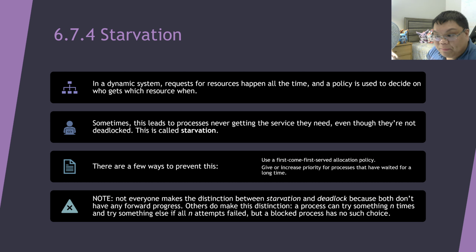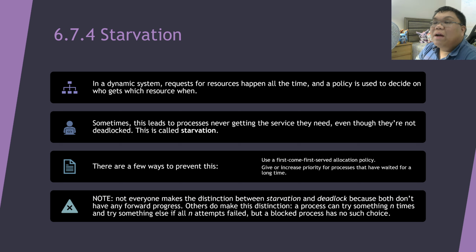Not everyone makes a distinction between starvation and deadlock, because both don't make any forward progress. Others do make the distinction. A process can try something n times and try something else if all n attempts have failed, but a blocked process has no choice. So this is starvation.